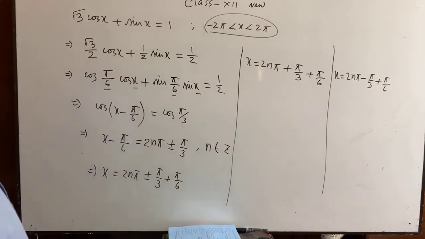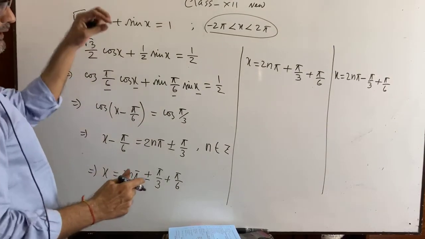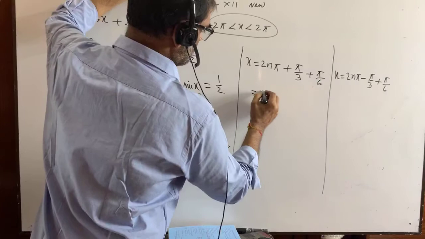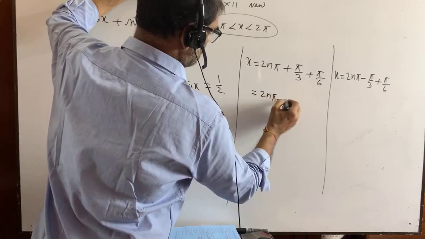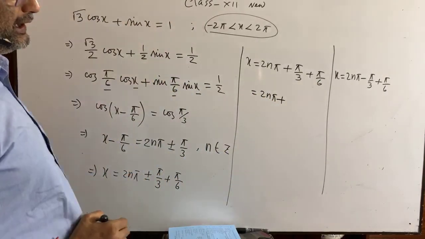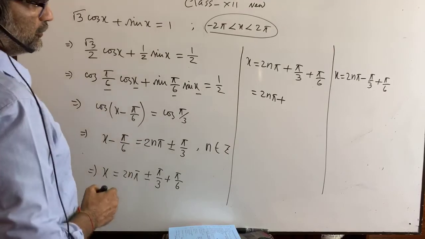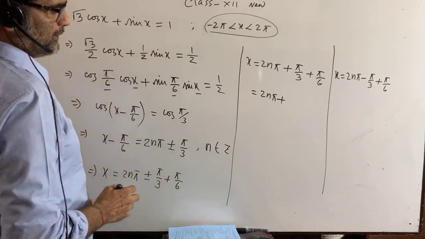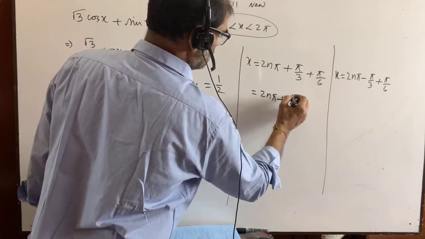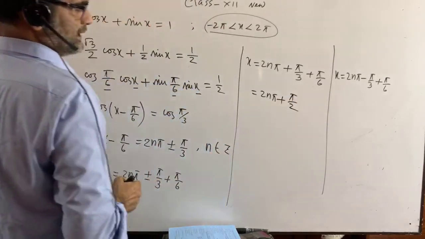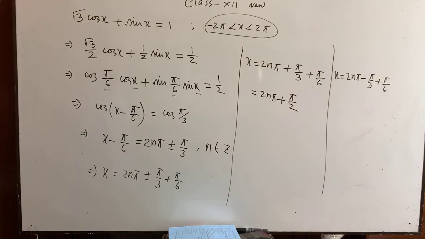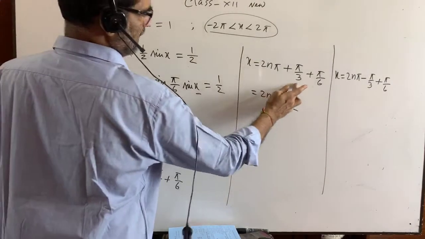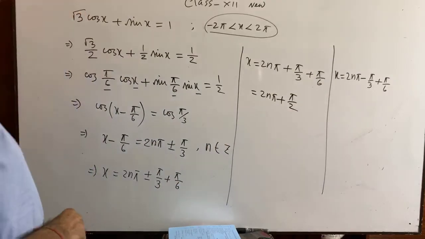Okay. So if we calculate, we will get 2n pi plus, now calculate it, the LCM of 3 and 6 is 6.